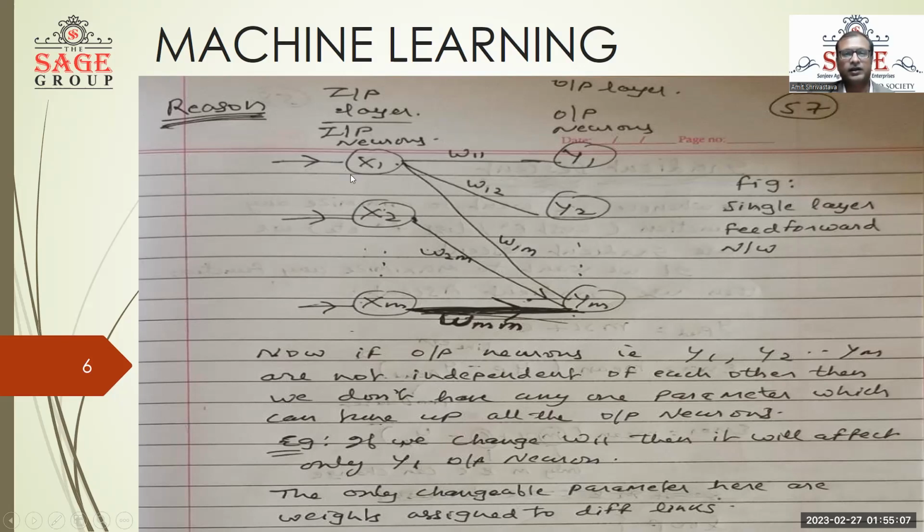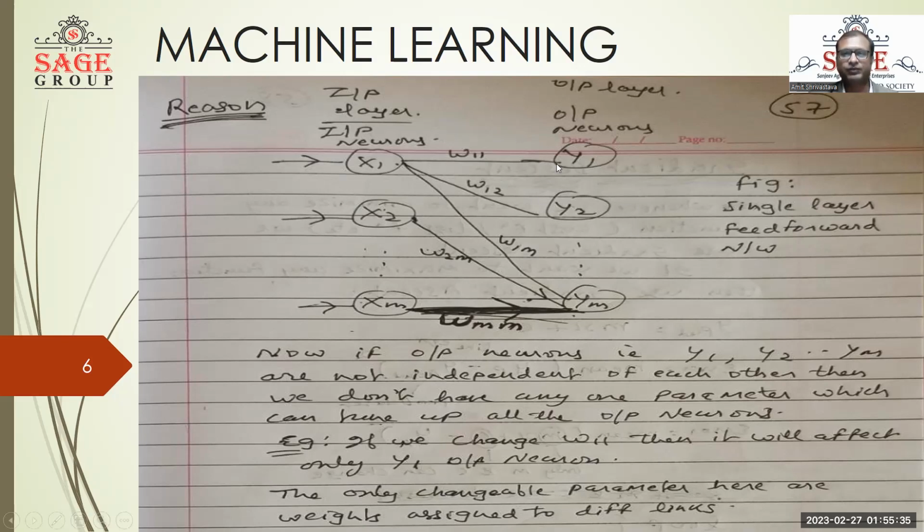Now, first of all, let us understand in this neural network problem, what are the changeable things? Since this neural network is a supervised learning mechanism, it means that we have already got the data set. We have got the set of inputs and the set of outputs. So these sets of inputs we will be taking from the data set. That is, they cannot be changed. The data which is present in the data set has to be taken.